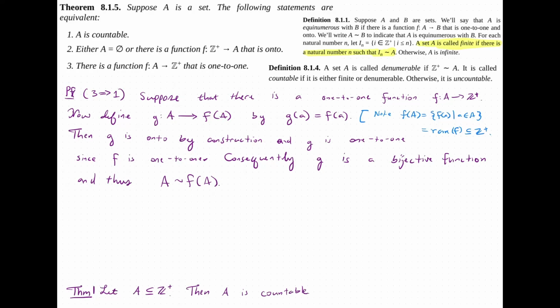So now we're going to quote a theorem that we're going to prove in the next slide. And that theorem tells us that if A is a subset of the positive integers, then A is countable.